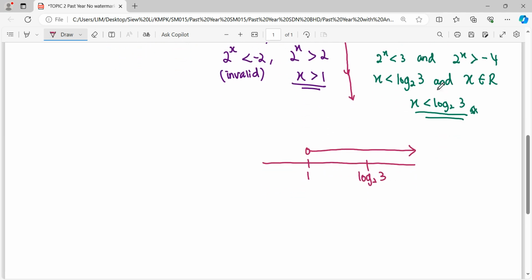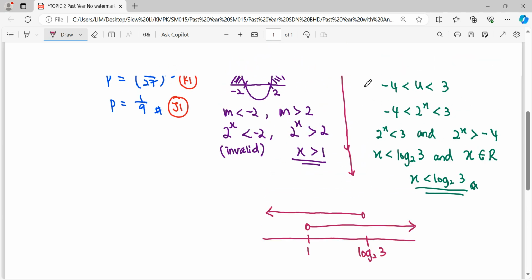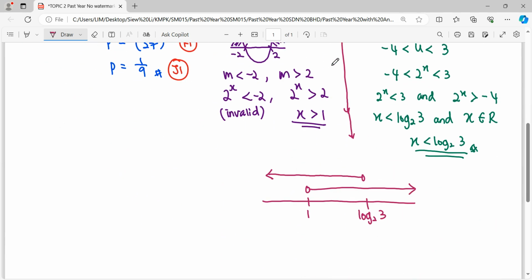And then right hand side, x is less than log 2 of 3. So for "and", you need to intersect both number lines. So when you do the intersection, finally our x is only 1 less than x, then less than log 2 of 3.